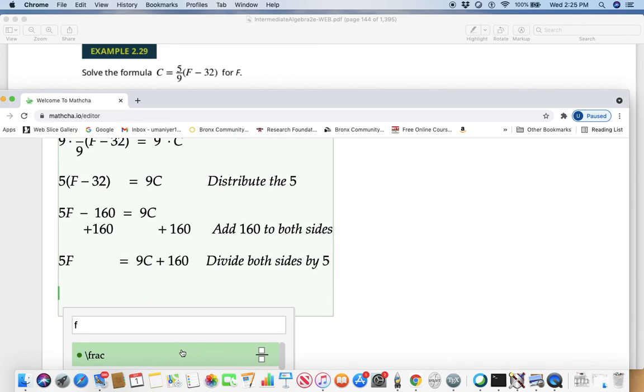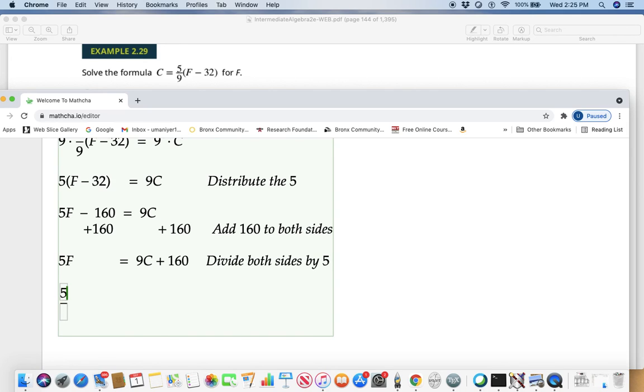You're looking for the fraction 5F over 5 equals the fraction, all of this on the top, 9C plus 160 over 5. So notice it's both sides.